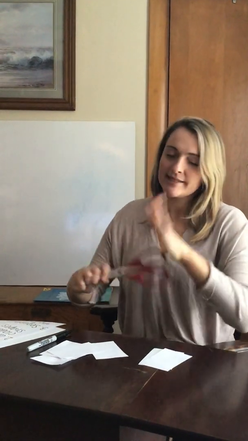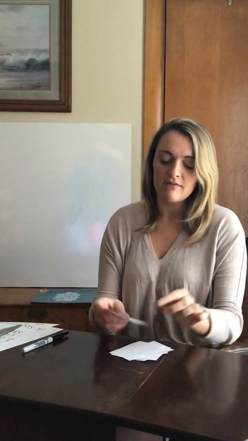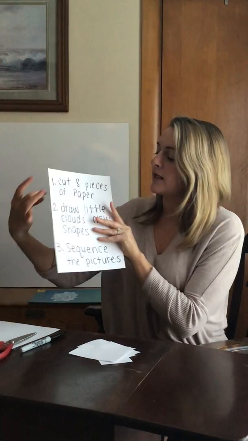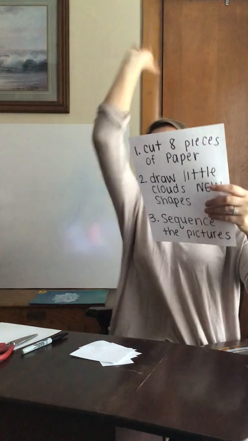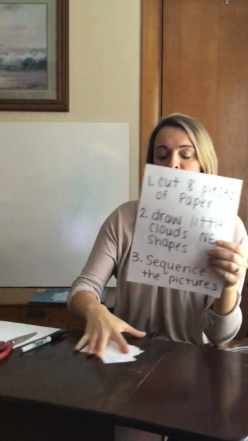Okay. So I think I have 8, but I'm going to count just to make sure. 1, 2, 3, 4, 5, 6, 7, 8. All right, so I did step number 1, cut 8 pieces of paper. Check.